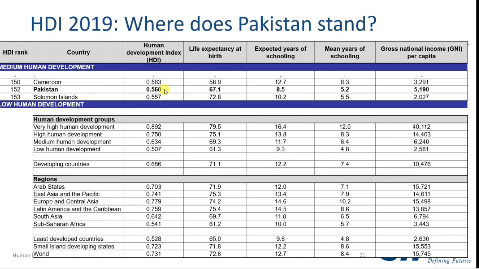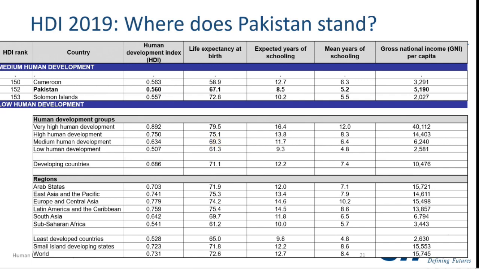So one of the observations is this. Then compare the Human Development Index of Pakistan, 0.56, with the medium human development countries. So it's quite significantly lower than the mean of medium human development. This is what this ranking is also showing us, that 2 more steps and it will be out of this category. Okay. Same goes for it if you compare for medium human development, 69.3 is the life expectancy on average.